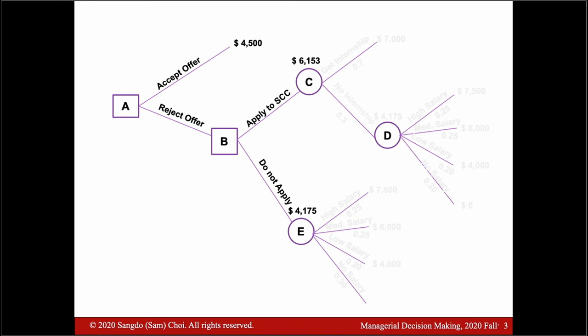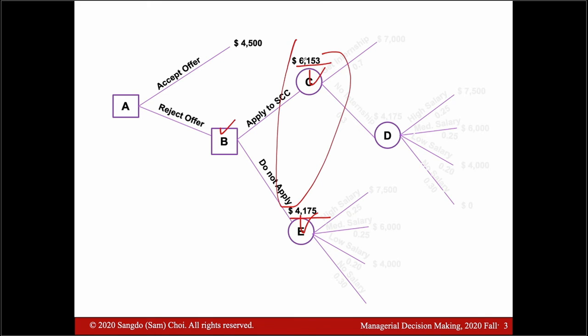This number is 6,153. And now you have to roll back, so you have to take into account this C and E. At this point there is no probability, because in this case we face a decision node, not an event node. For a decision node, you have to choose the best one. Which one is better? Here expected value 6,000, here 4,000.